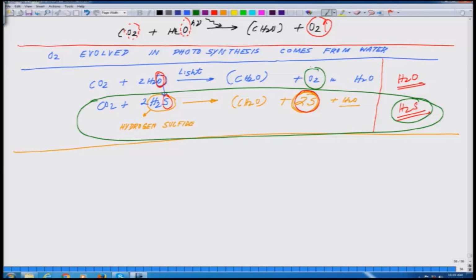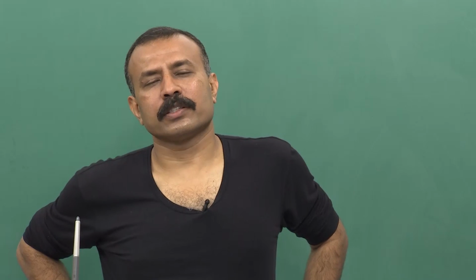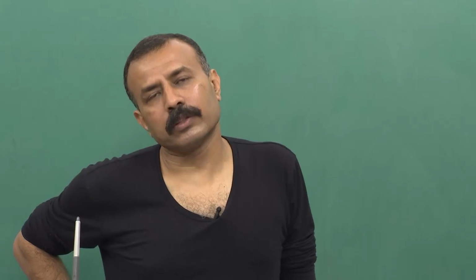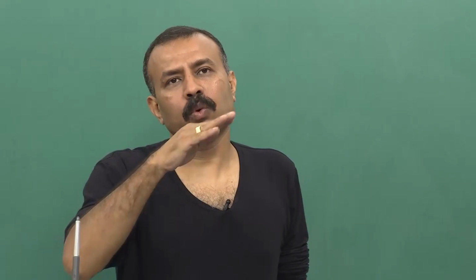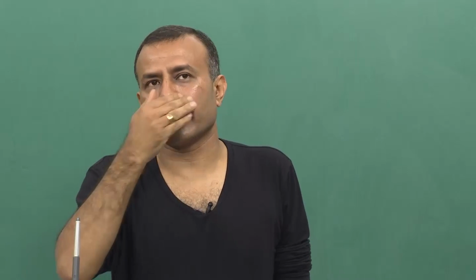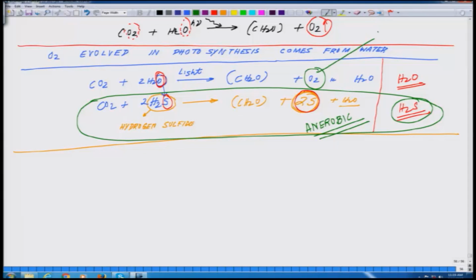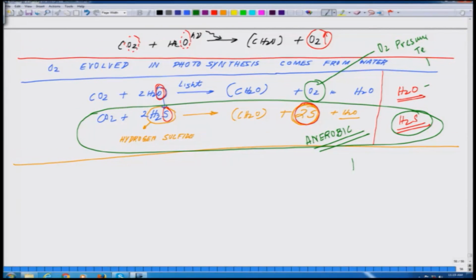That was a turning point. Earlier, this was a world which was anaerobic, and all the organisms which were surviving were adapted to survive in the absence of oxygen. But with evolving oxygen, most of the anaerobic species which were present on the floor of earth slowly started getting extinct, because they could not withstand the oxygen pressure or oxygen tension.